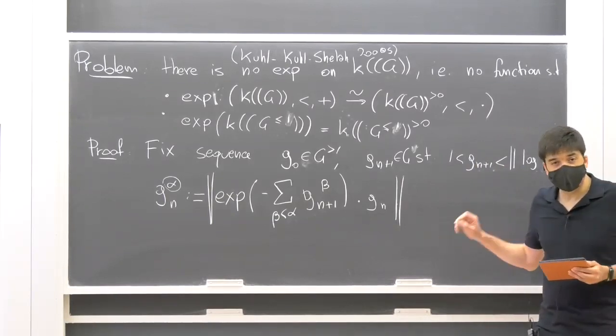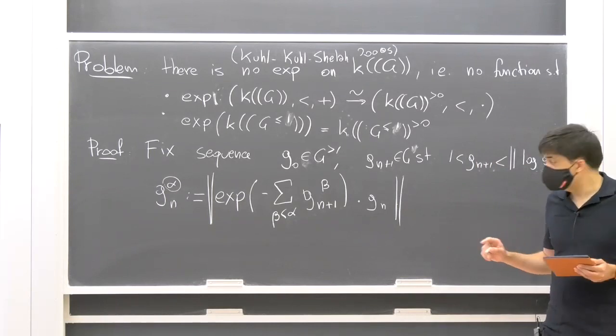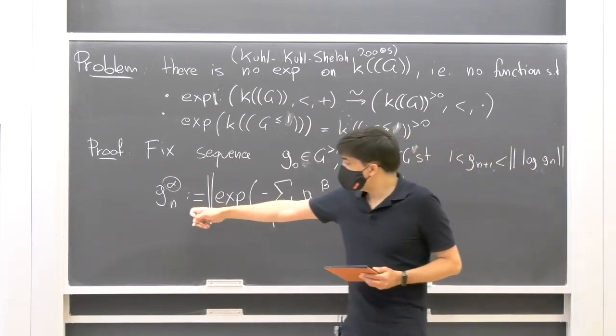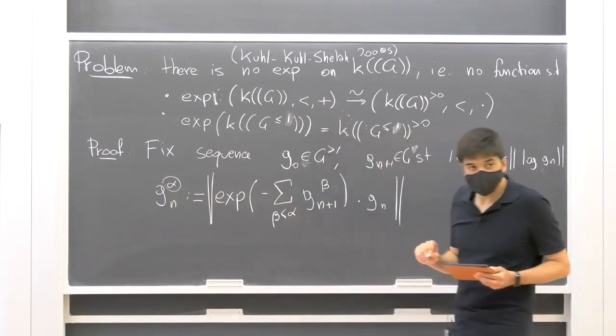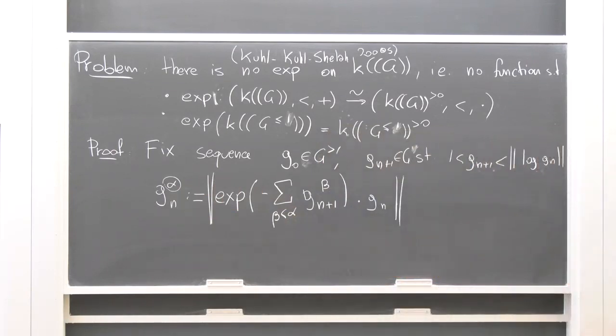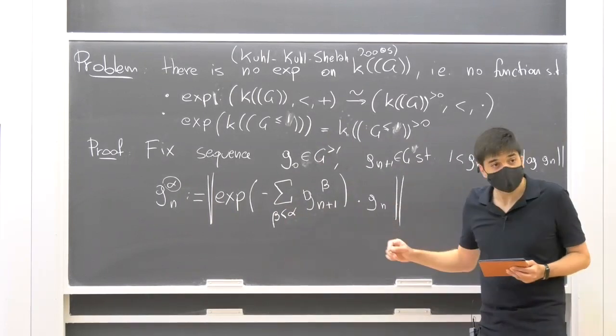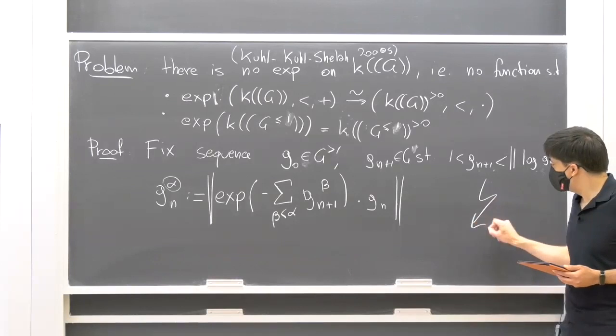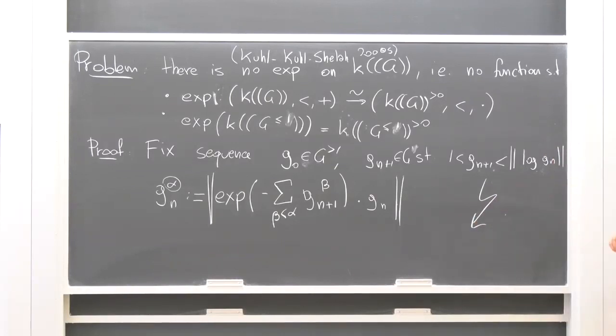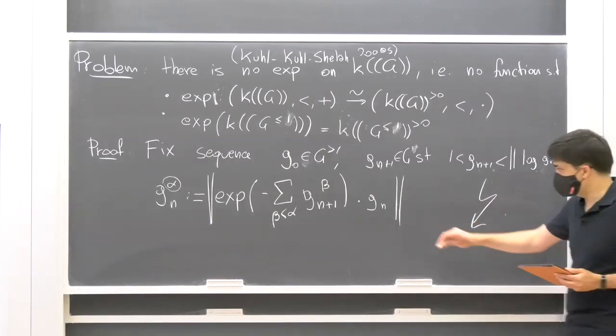And now, exercise: verify this sequence g_α is going to be a class-long sequence of distinct monomials in my group. But the group is a set. That's a contradiction. So this is an induction over the ordinal α that just never ends. Exercise: fill in the details, check what's going on, but it all comes from this.